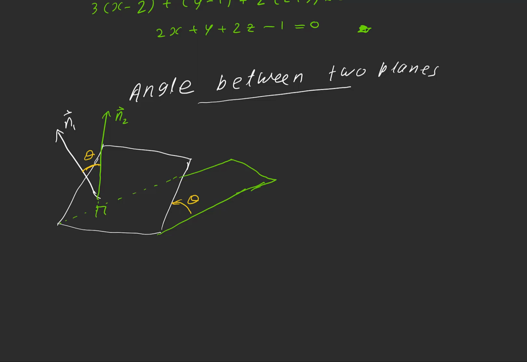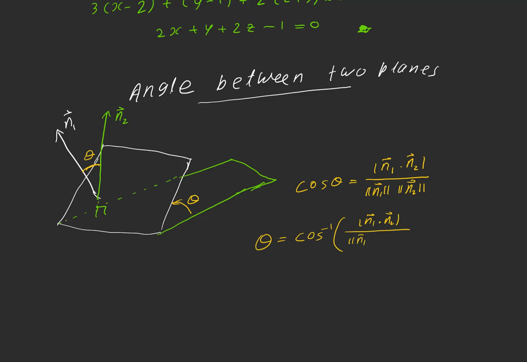Therefore, we can write cosine theta equals the absolute value of n1 dot n2, divided by the magnitudes of the vectors n1 and n2. So this is the cosine theta. So we can have theta equals cosine inverse of n1 dot n2 divided by n1 times n2.